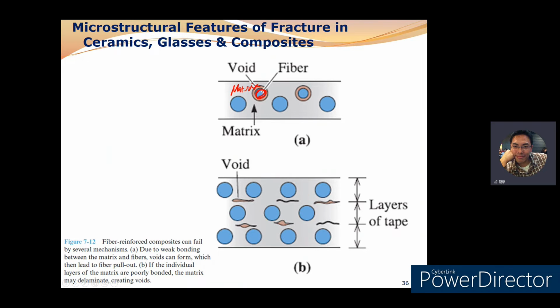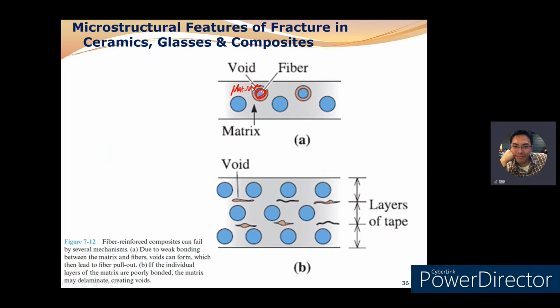and when this composite withstands a tensile stress or different kinds of stresses, it will delaminate between the fiber and the matrix, and some void will form between them. Therefore the fracture, or we say the strength, will be dramatically reduced due to this weak bonding between fiber and matrix.